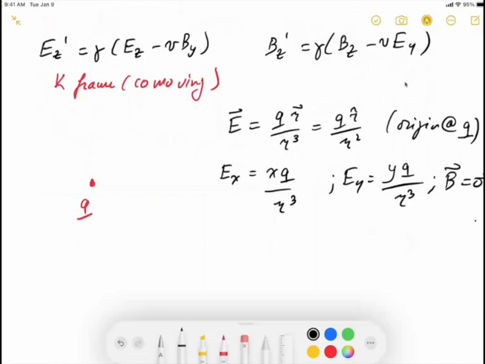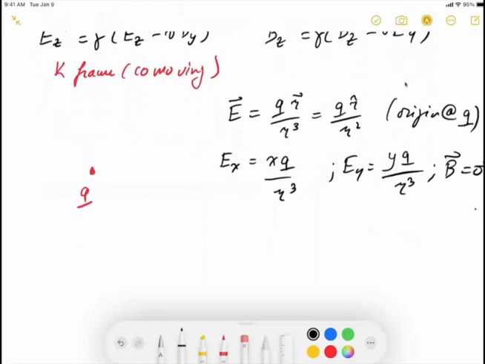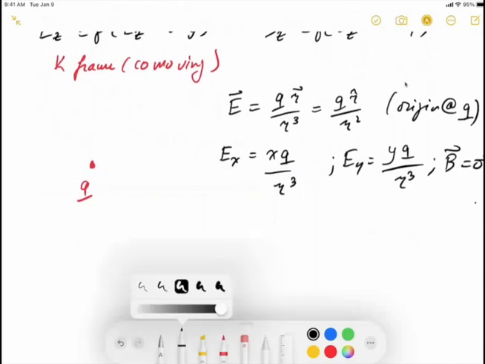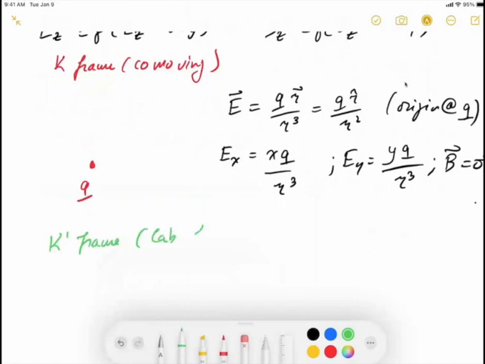All right, so let's transform this thing to the lab frame. Okay, prime frame, lab frame.